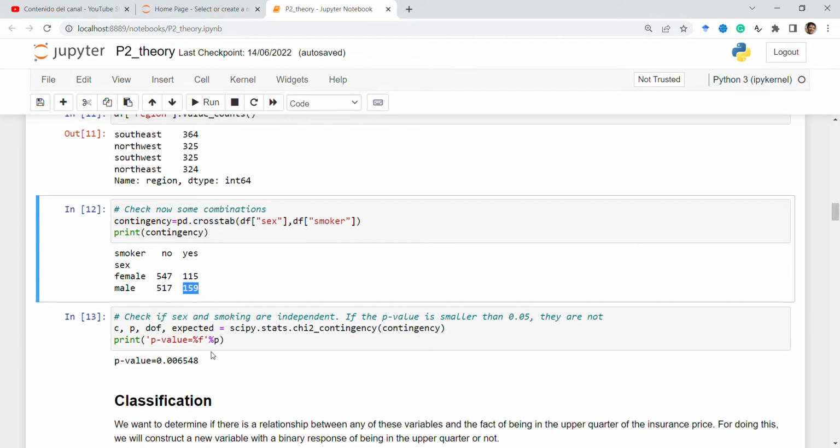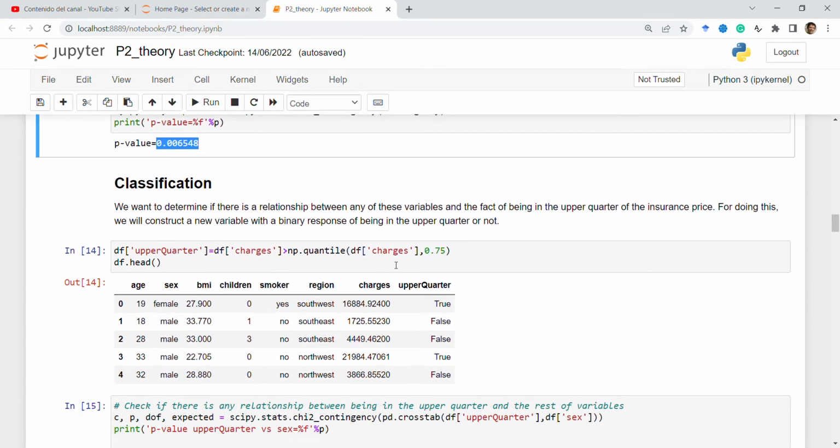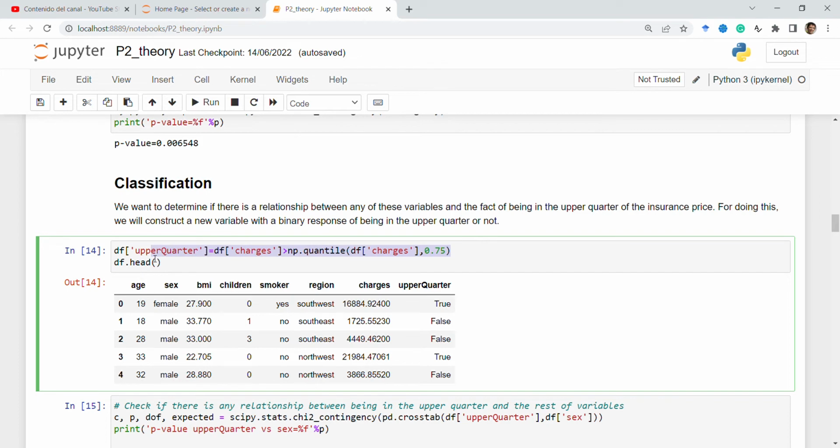So there is a relationship between these two variables, and the p-value associated to the null hypothesis that there is no association between the two variables is very small. So there is a relationship between being male or female and smoking, yes or no, in the direction that males tend to smoke more.